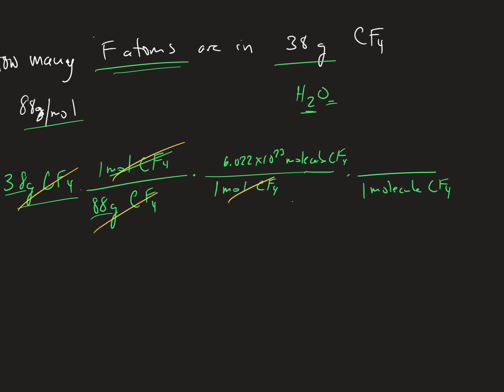Oh, there's 4 of them. Does that make sense? 4 atoms of fluorine. So I just swapped these. Either way works. In fact, this is probably a more straightforward way to do it. So that goes away and you're left with atoms of fluorine. Good?